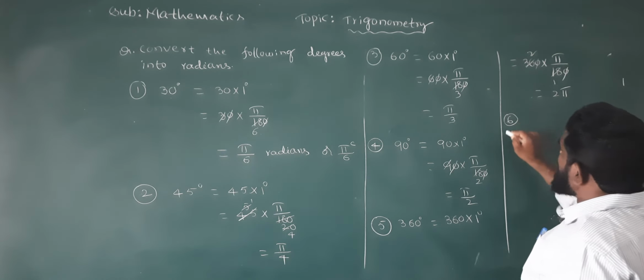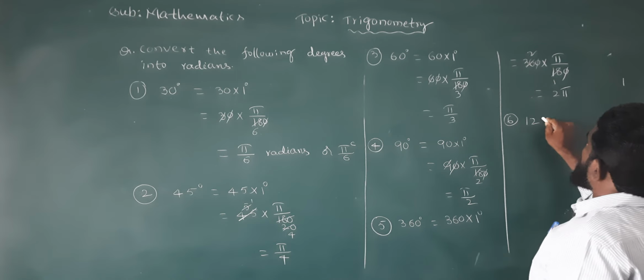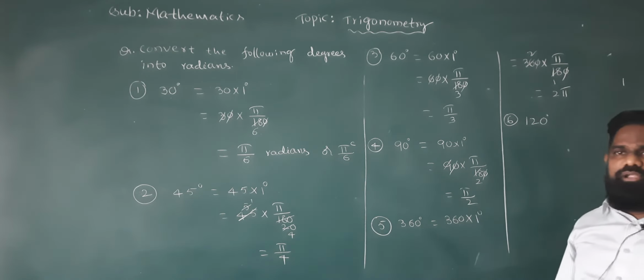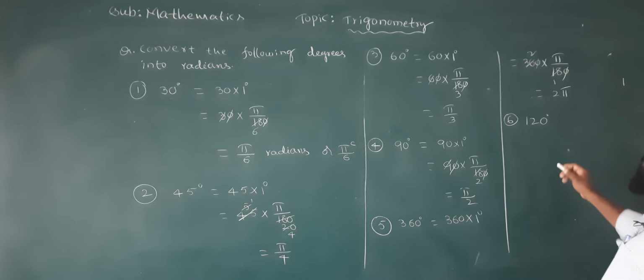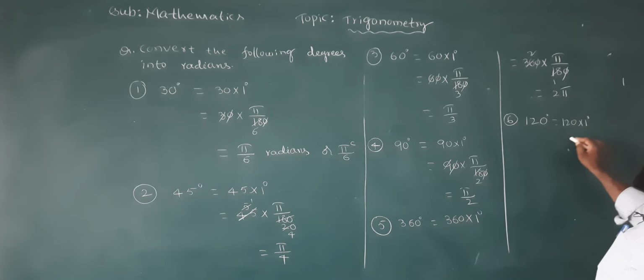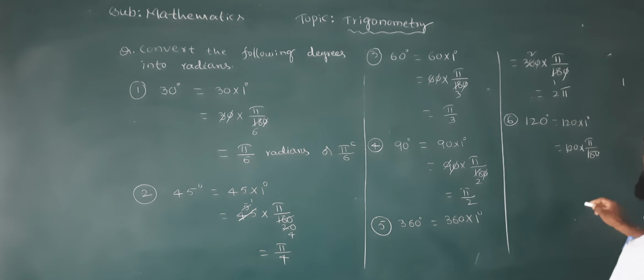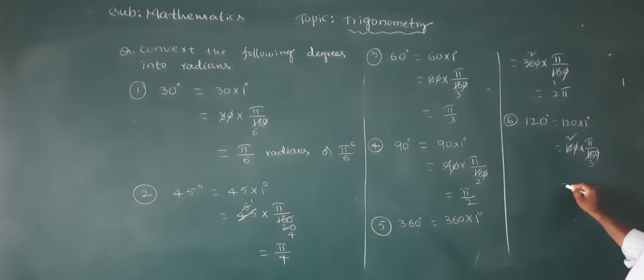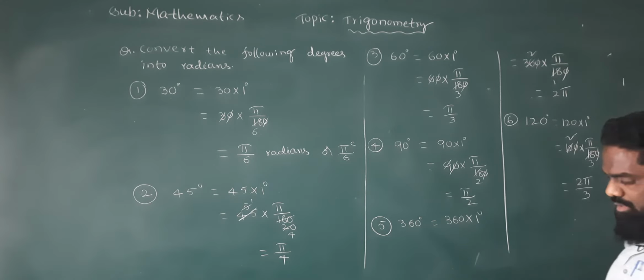Now let us go for one more question. Okay. The question is, convert 120 degrees into radians. It can be written as 120 into 1 degree. 120 into 1 degree equals pi by 180 radians. 0 0 get cancelled. 6 3s are 18, 6 2s are 12, so 2 pi by 3 radians.